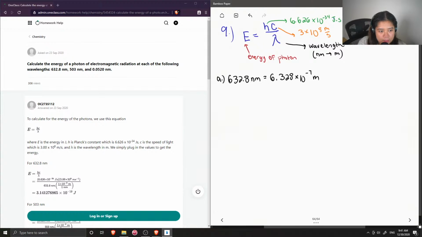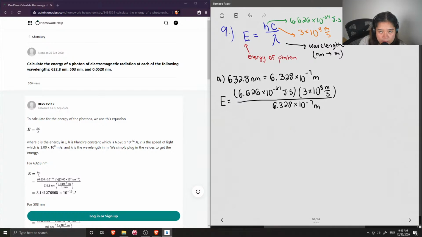So now we just have to plug it into the equation. 6.626 times 10 to the negative 34 times the speed of light, divided by the wavelength, which is 6.328 times 10 to the negative 7 meters.